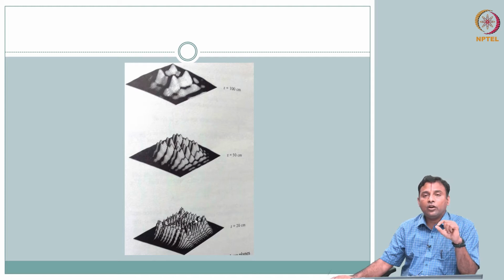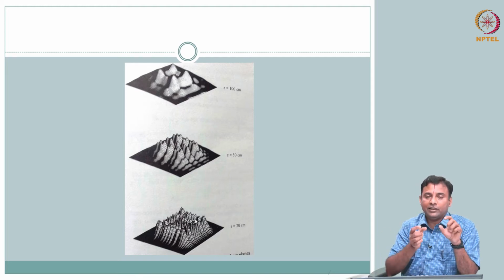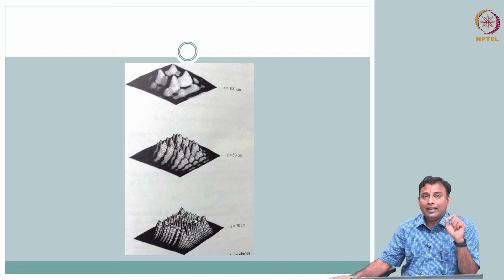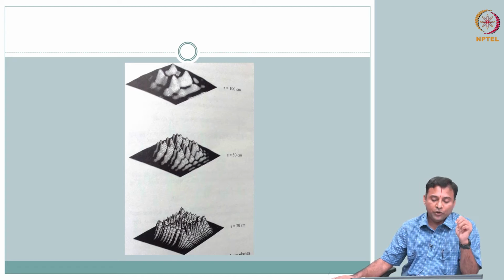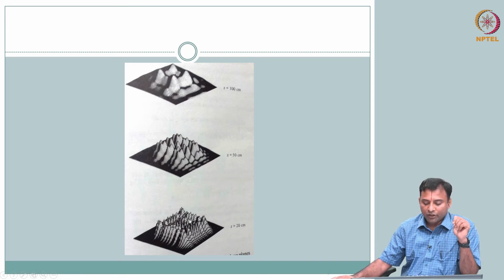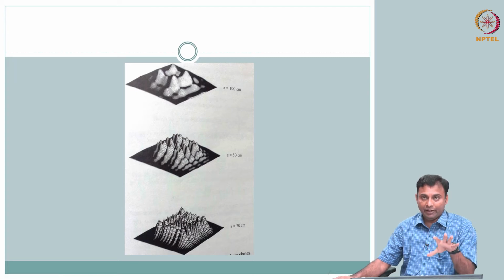If it is a rectangular transducer, d square by lambda, right? We had all this in the previous module. So you see this general nature: there is a lot of fluctuation in the near field, close to the transducer. As you go farther and farther, it becomes a much smoother field. Irrespective of the shape of the transducer, the general behavior is the same.